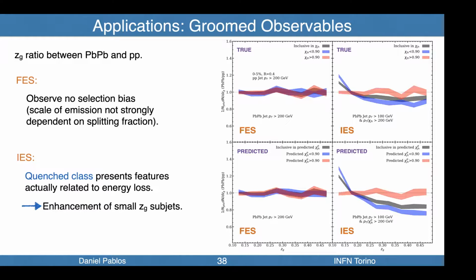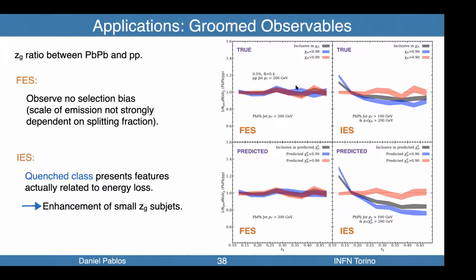If you look at the ZG, the momentum sharing fraction, then you don't see much for the final energy selection, which means that the scale of the emission of the Sudakov is actually not strongly dependent on the splitting fraction. That means the momentum sharing fraction of that first splitting does not actually determine the resulting phase space in the jet, and therefore it does not determine energy loss.